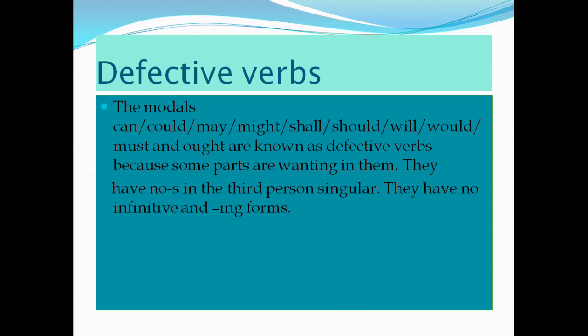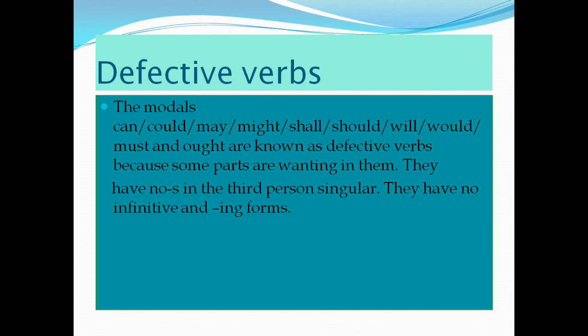They have no s, like we have s in the third person singular when we use a verb in the present simple tense, like he goes to school. The original verb is go, went, gone, and then we use goes with the third person singular. But these modal auxiliaries do not possess this s, and they also have no infinitive.